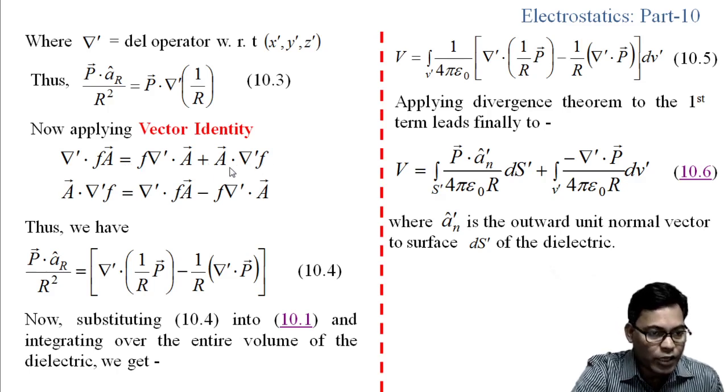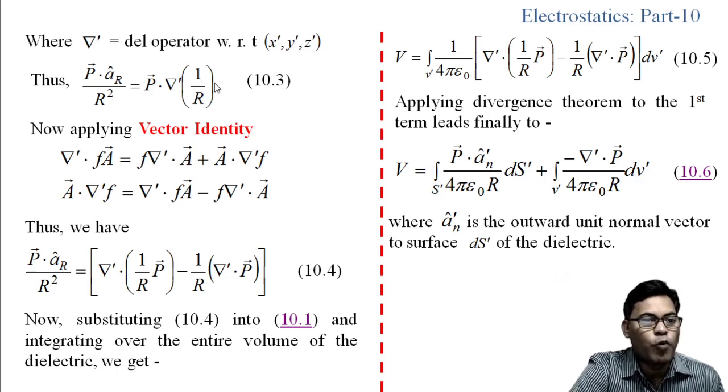From that we can find A dot del prime f, which equals del prime dot fA minus f into del prime dot A. Now if we replace f by 1 by R and A by the vector P, then we can easily see that P dot del prime of 1 by R equals del prime dot P by R minus 1 by R into del prime dot P. That is the expression we have written.